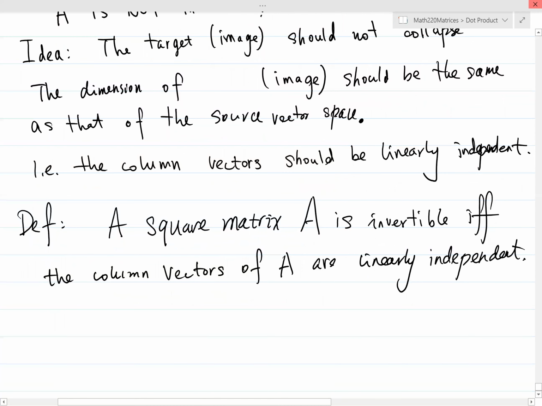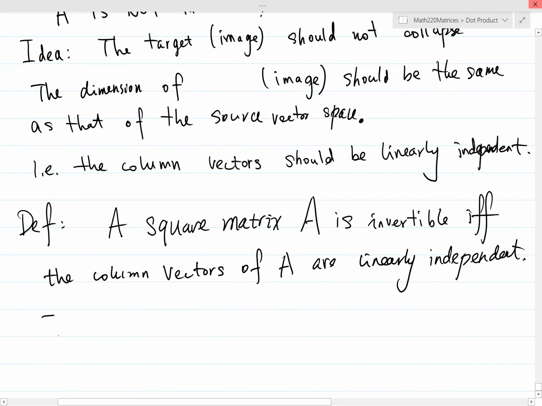Okay. Remember, the zero vector is not linearly independent with any other vector. So by this definition, this means if a matrix has a column of zeros, then it is not invertible. Okay.